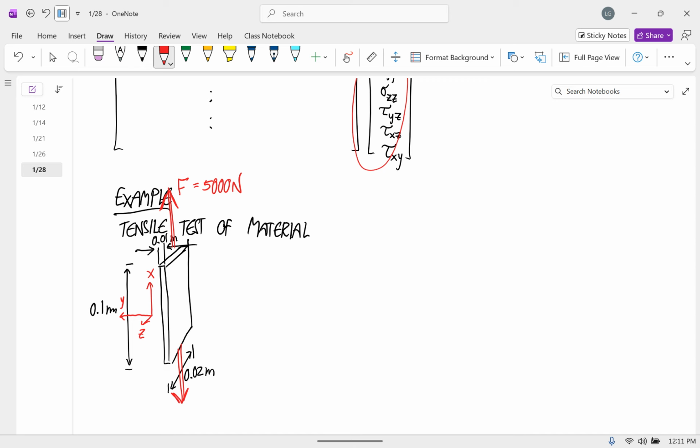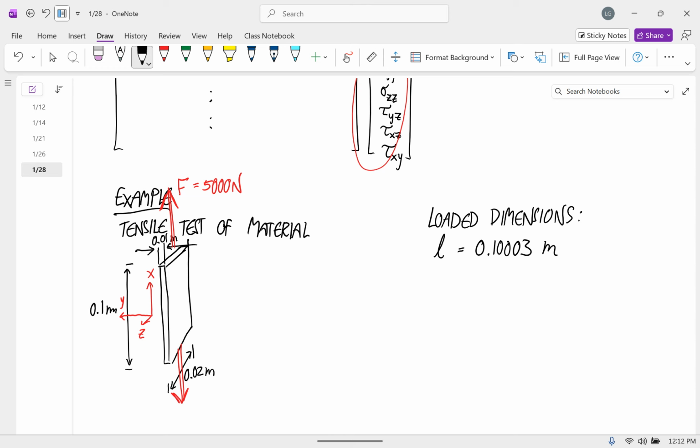But let's say that when you apply these forces, what you measure is a new length, a deformed length of 0.10003.